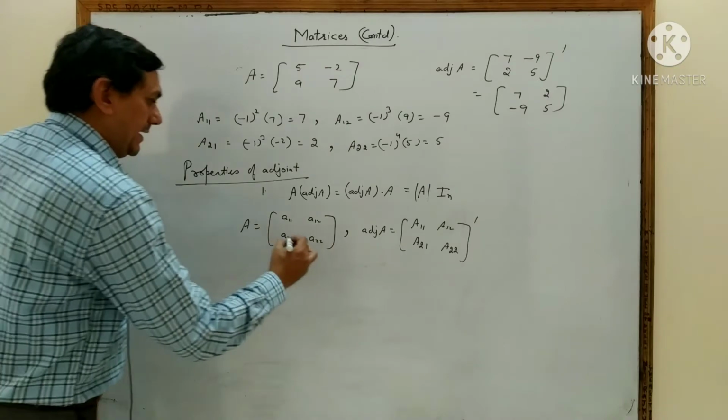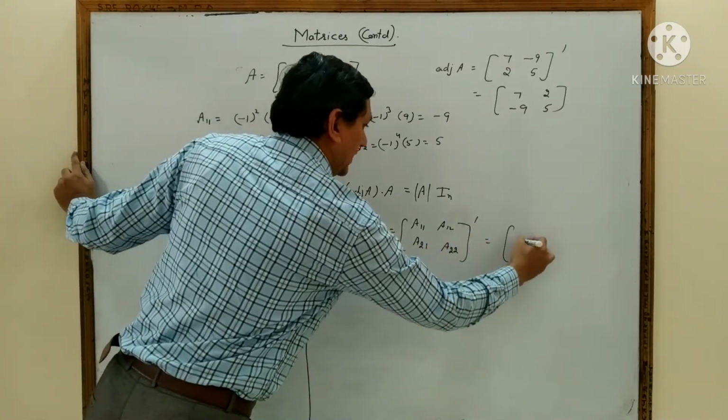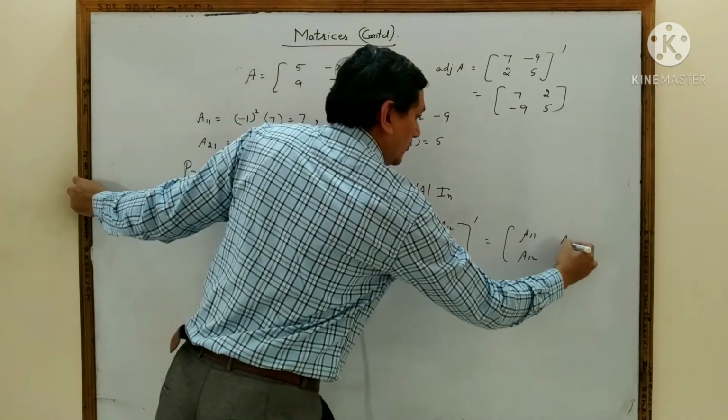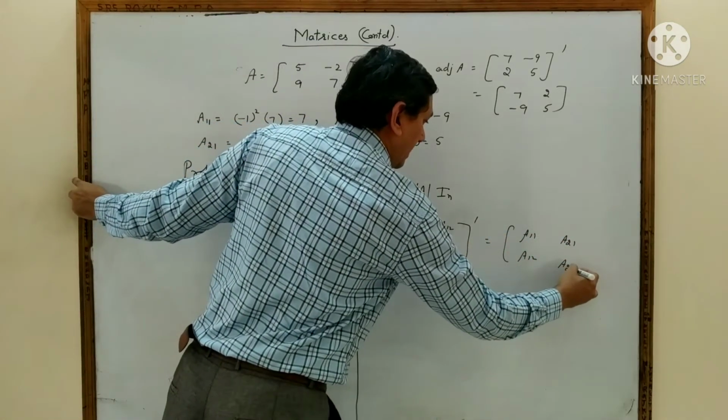So we write it as A11, A12, A21 and A22.